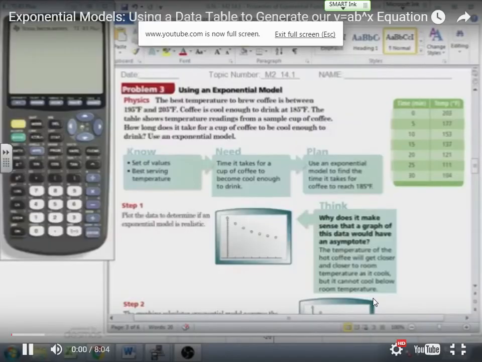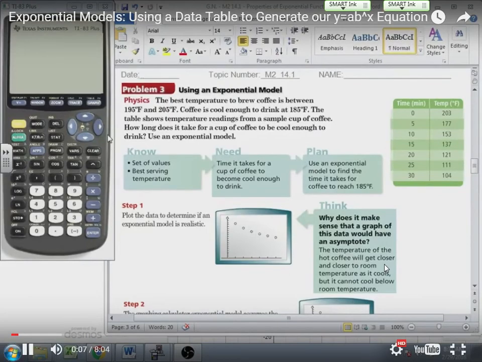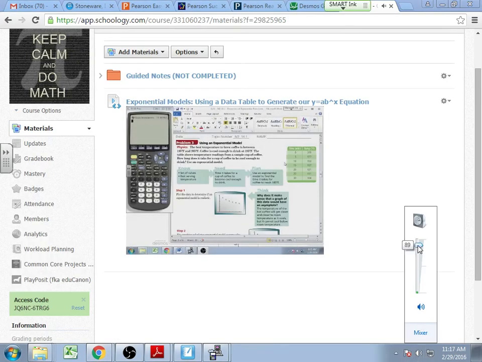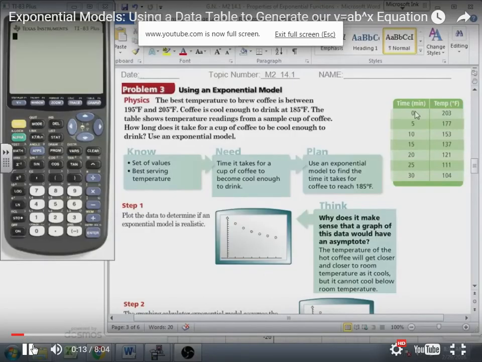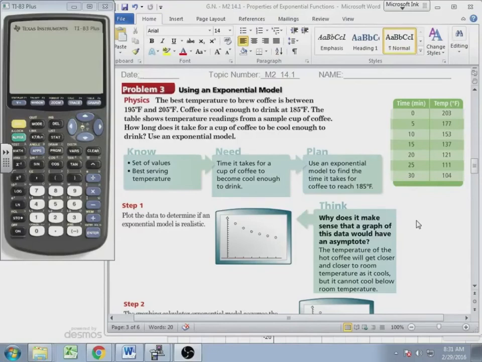Hey guys, I thought I would really quickly run through one of the example problems from today in class just to help you understand how to put this stuff in your calculator a little bit better. So here we have problem number 3 that said we want to use our exponential model to... I'm going to come around and help you guys as we go, but the first thing we're going to do is edit lists.